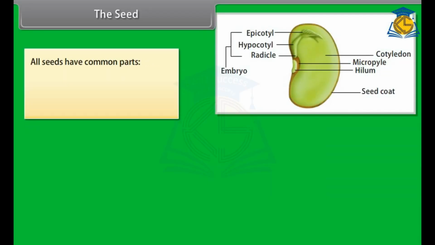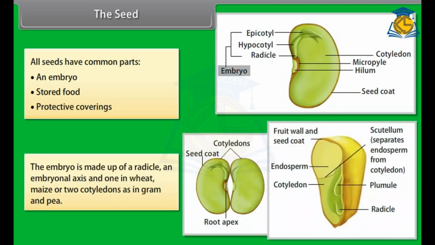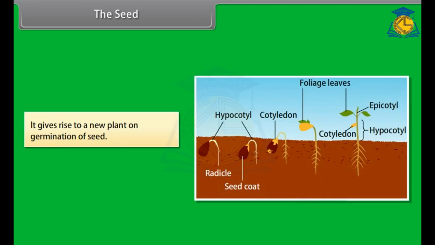All seeds have common parts: an embryo, stored food, and protective coverings. The embryo is made up of a radicle, an embryonal axis, and one cotyledon in wheat and maize, or two cotyledons as in gram and pea. It gives rise to a new plant on germination of seed.